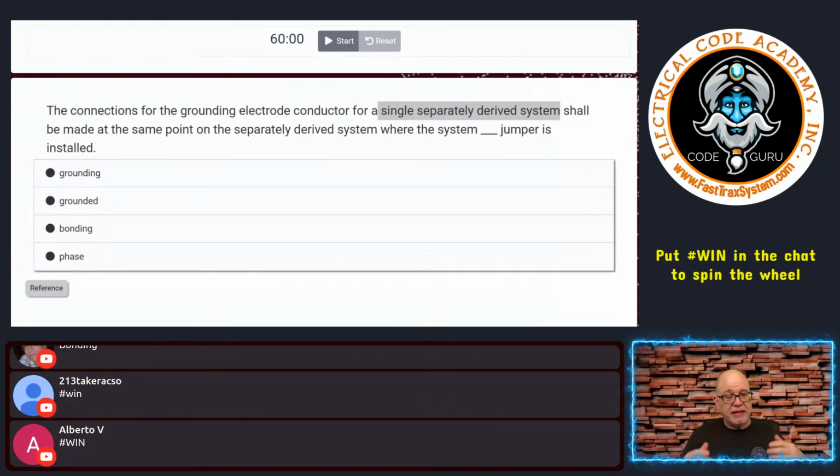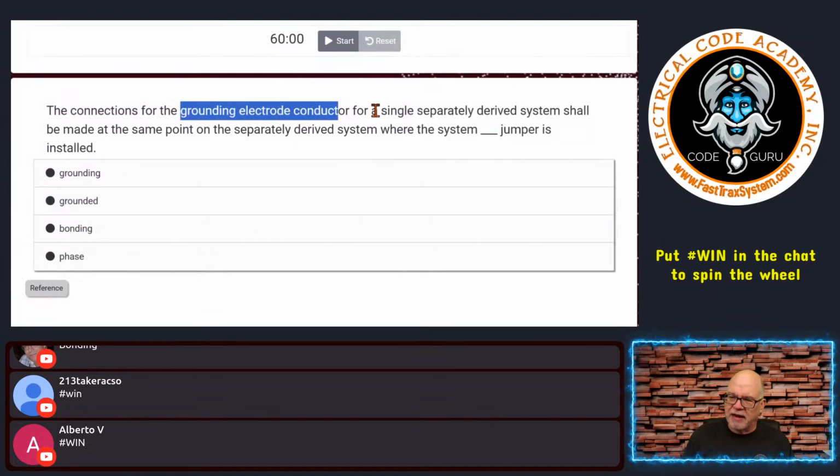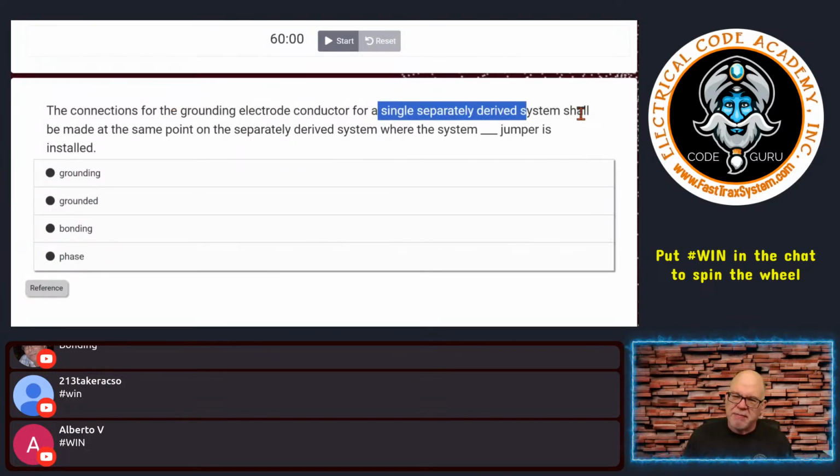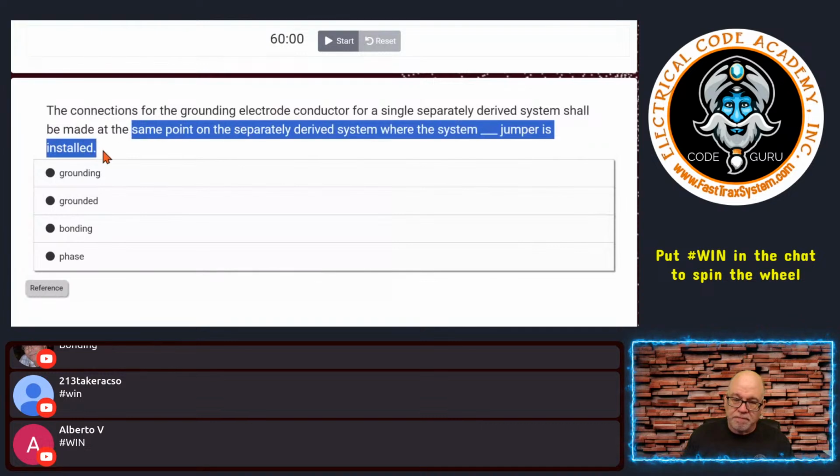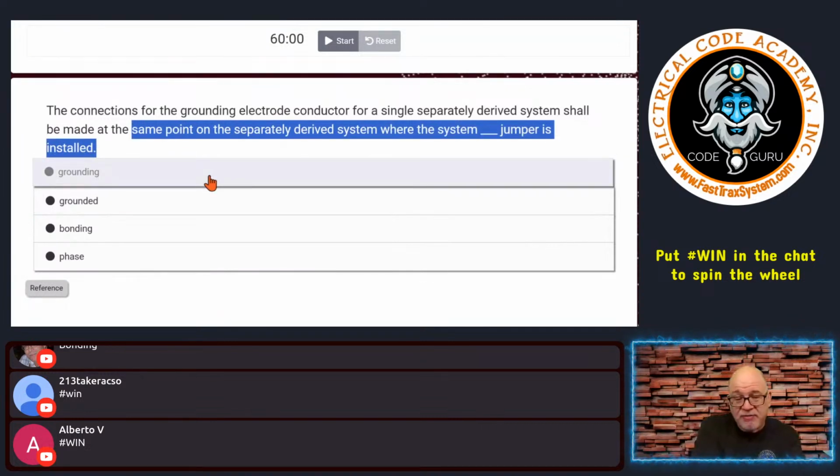And what do I do with it? Okay, so there is a place in the code for that. So let's kind of go through the process here. All right, so we know we're talking about a GEC, and it's for a separately derived system. And it says, shall be made at the same point on the separately derived system where the system bonding jumper is installed. Okay, so I don't even have to go look this one up, okay? Y'all should know this.